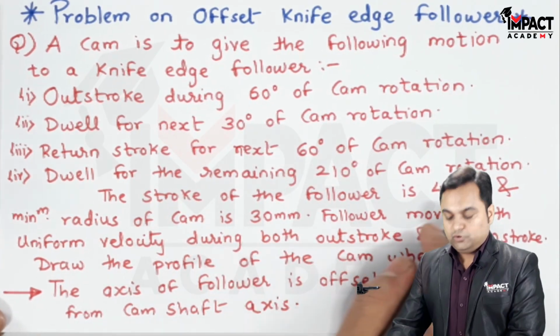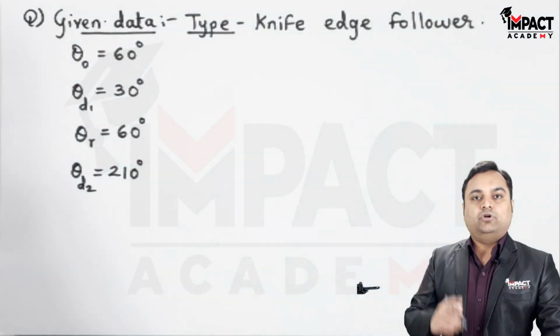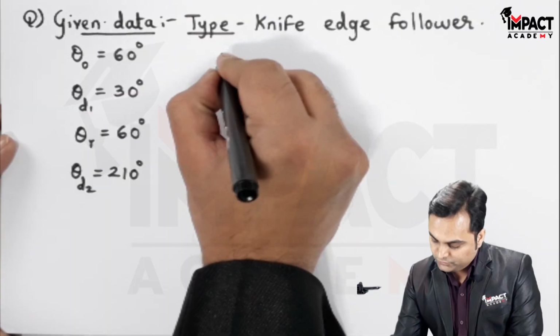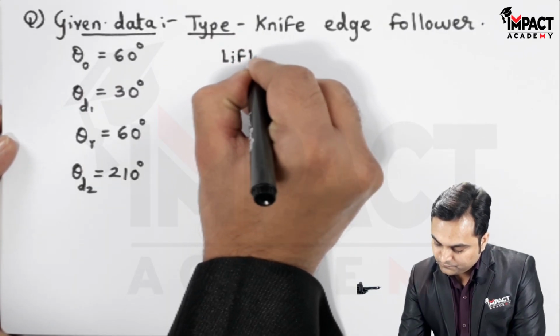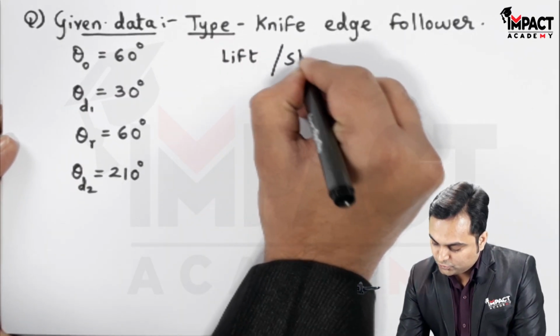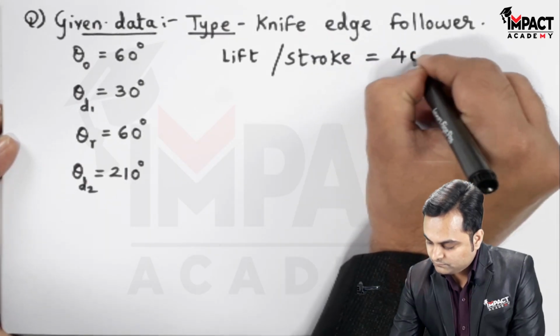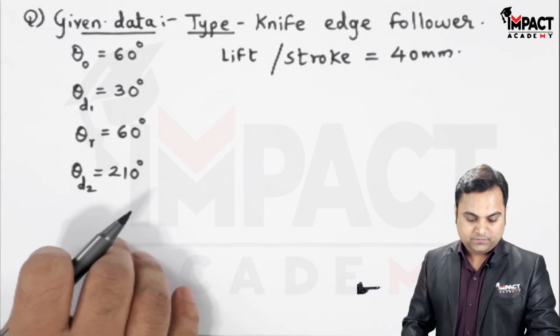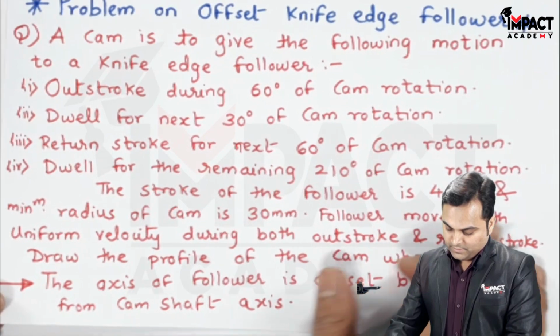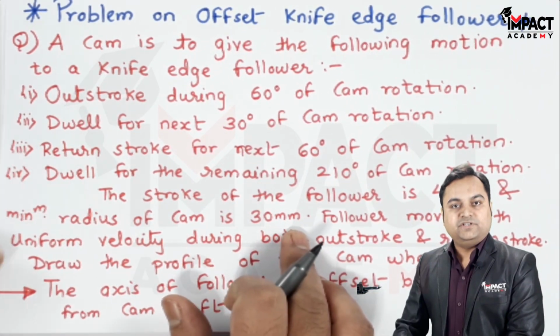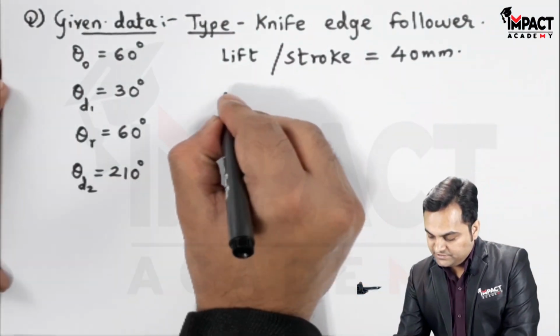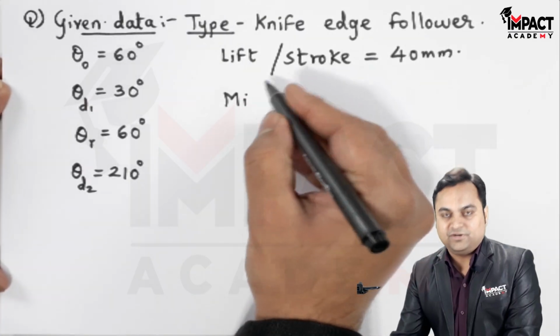The stroke of the follower is 40 mm, that is the height or lift of the follower. So it is lift, also called as stroke of 40 mm. And the minimum radius of the cam is 30 mm. So minimum radius is given, which is the radius of base circle.